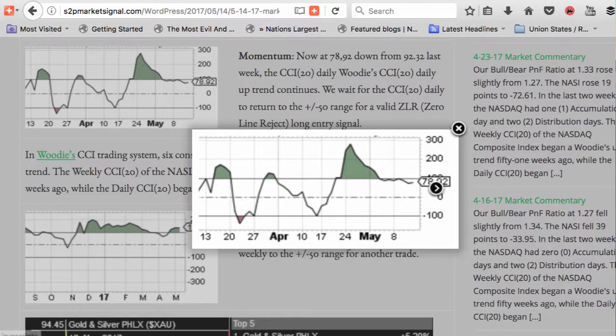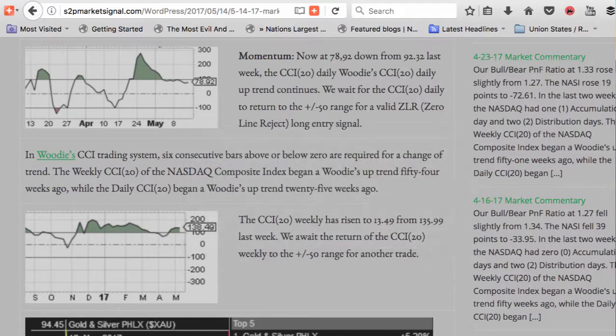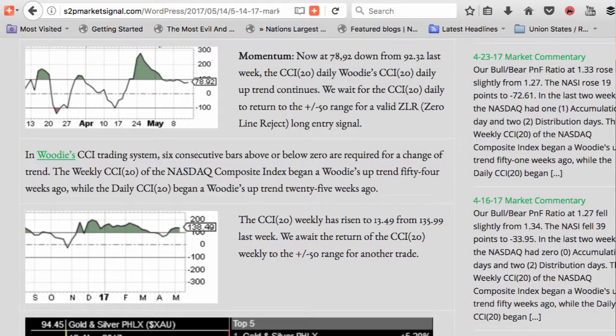Momentum, now at a positive 78.92, down from 92.32 last week. The CCI 20 daily uptrend continues. We wait for the CCI 20 daily to return to the plus or minus 50 range for a valid zero-line reject long entry signal.